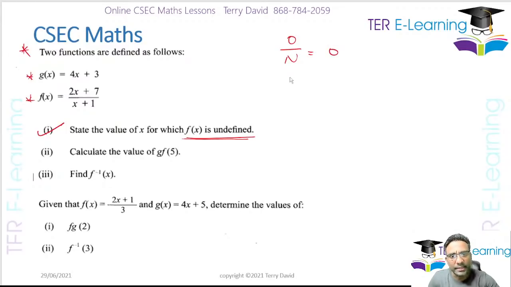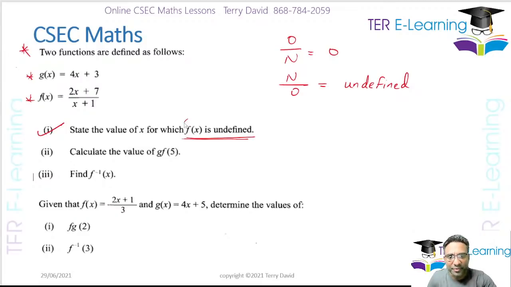But if I have a number divided by 0, this is undefined. So in maths, if you use a calculator and take, let's say, 5 divided by 0, the calculator is going to spit out an error for you.